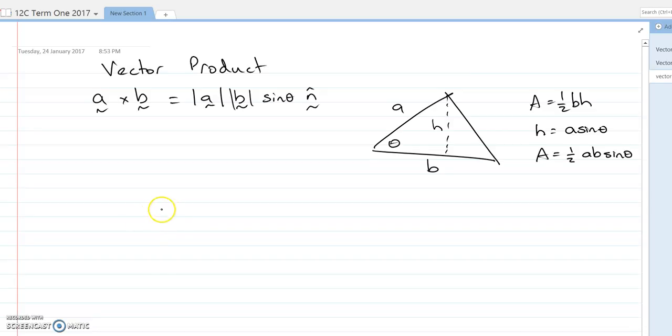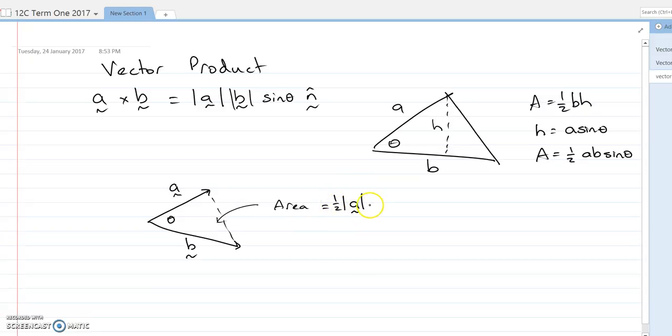So what this tells us is that if we have two vectors A and B, with an angle between them, the area of this triangle is going to be half the magnitude of A times the magnitude of B times the sine of the angle, which is another way to write that would just be half of the magnitude of the cross product of A and B. I put those lines here just because all we're interested in is the magnitude of that cross product.